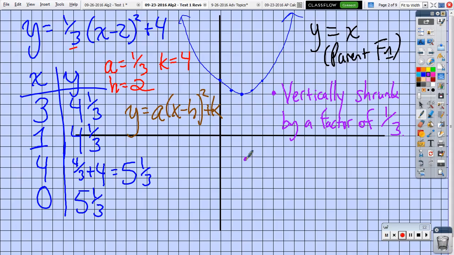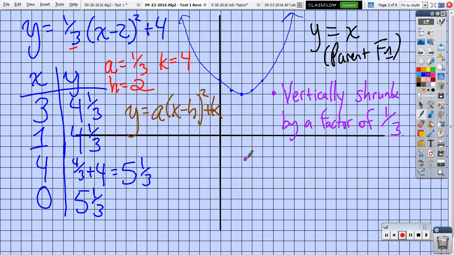Have we taken care of everything that involves a? What about if a is positive or negative? If a is negative, it's concave down. But we're talking about transformation. Either the parent function is reflected in the x-axis or it isn't. Would it reflect?